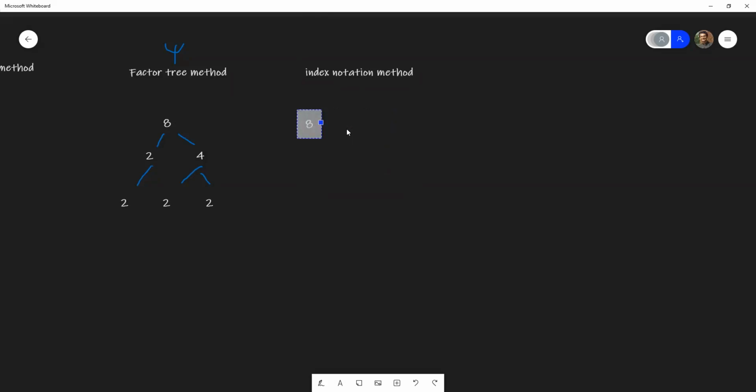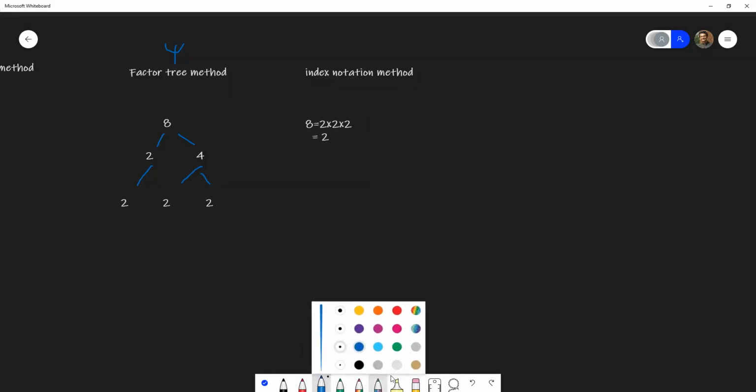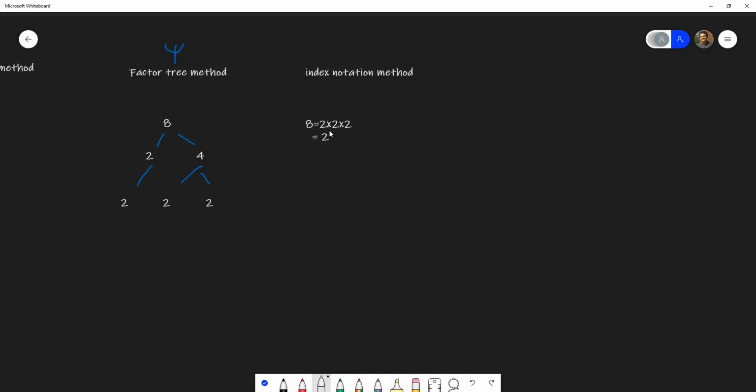You can write 8 equals 2 times 2 times 2. And in the next line you can write it as 2, and then I will give you something new, a 3.